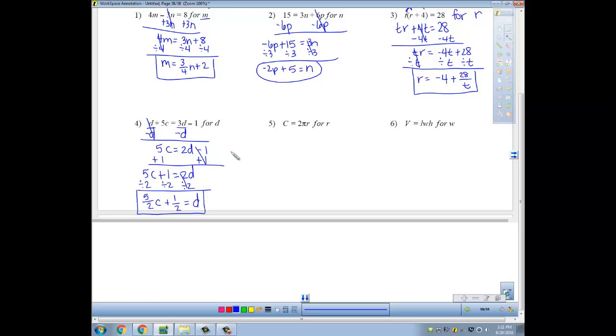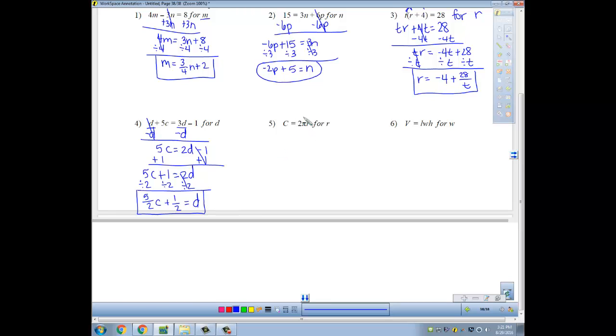5 and 6 are very similar. If you look at the right side, it says 2 pi r, which means 2 times pi times r. So since it's all the same operation, I can move all of my variables at the same time. Since right now it's multiplication, the opposite would be division.